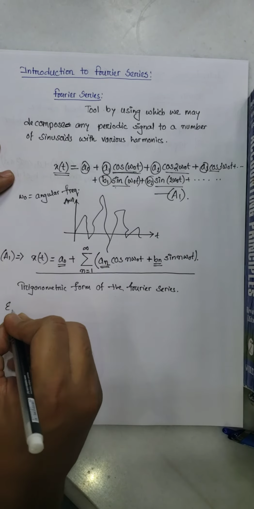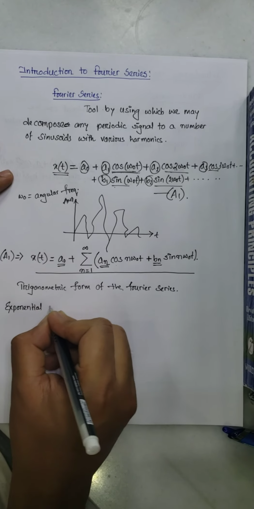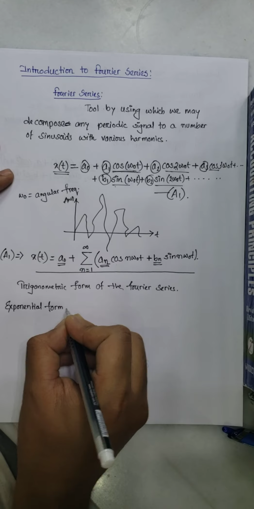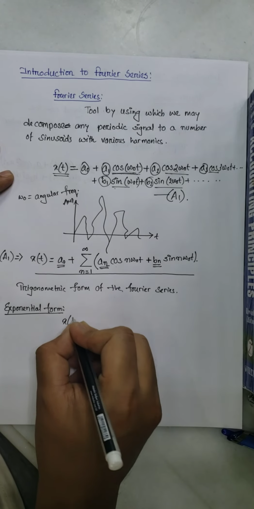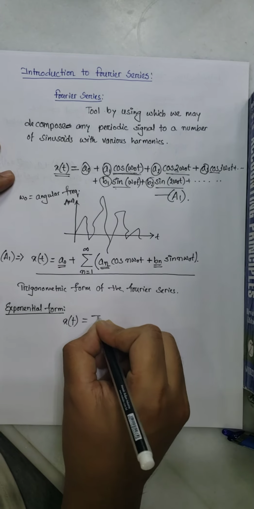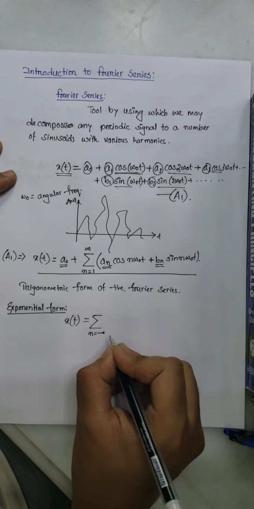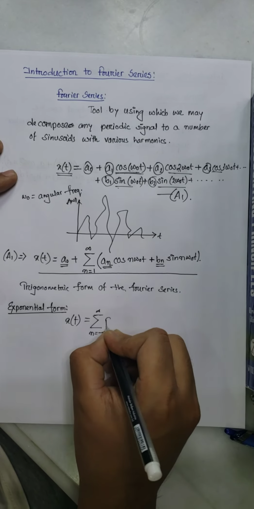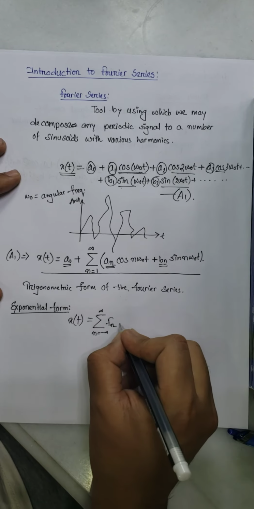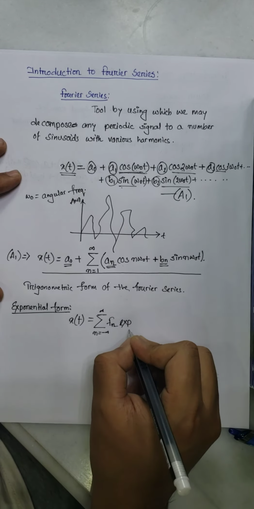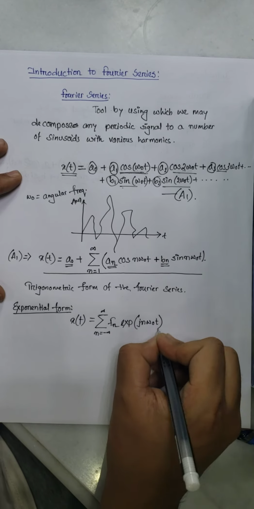The exponential form can be written as x of t equals a running sum where n goes from minus infinity to infinity, f of n, which is the Fourier coefficient, and the exponent, that is e to the power jn omega naught t.